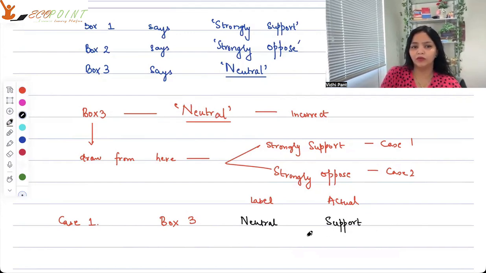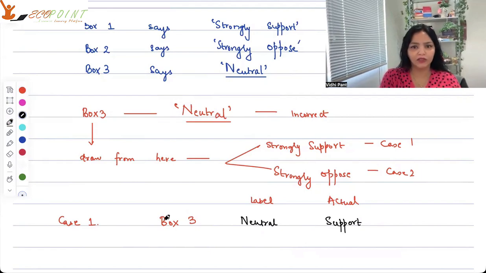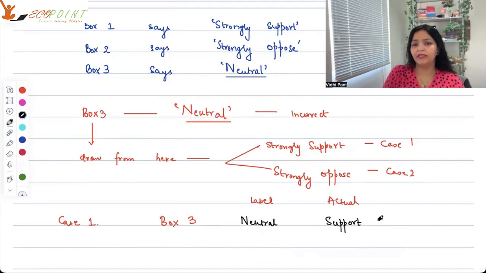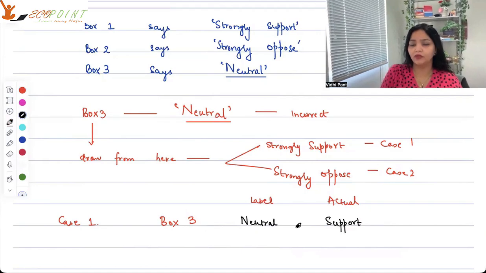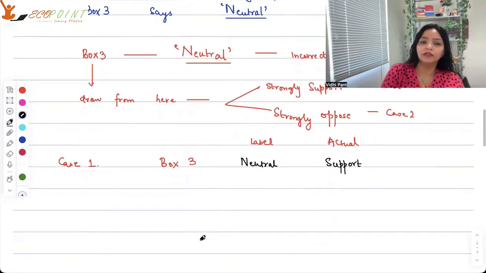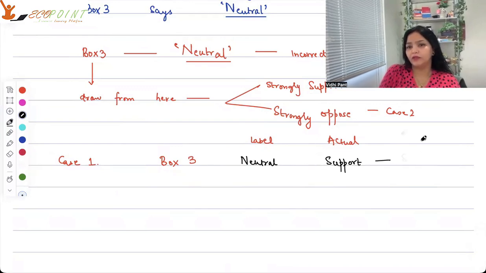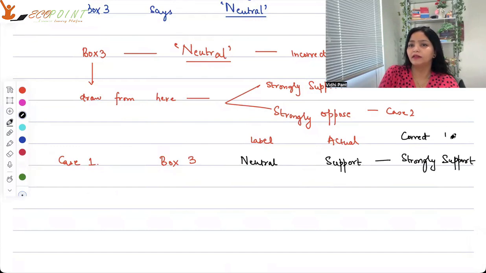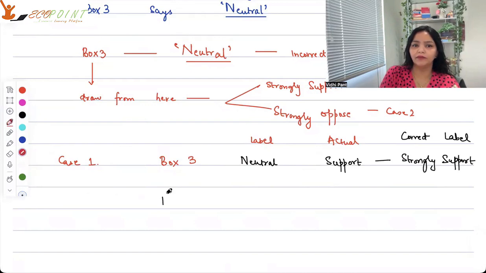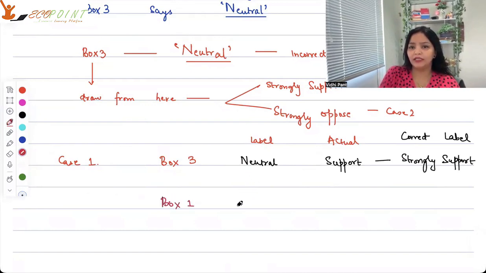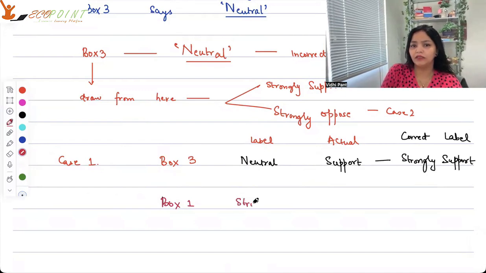If it is strongly support, is it satisfying the conditions given to us? Yes. If strongly support comes in, that means the label should be strongly support and neutral is wrong, right? So this would mean that box 3 is strongly support. That's your correct label. If that's the case, then now think in terms of box 1. Box 1, the label is strongly support.